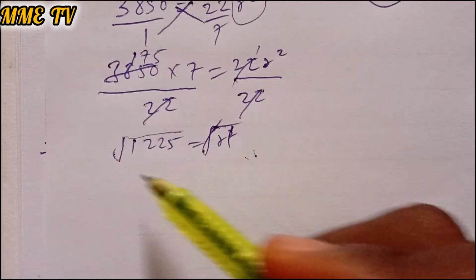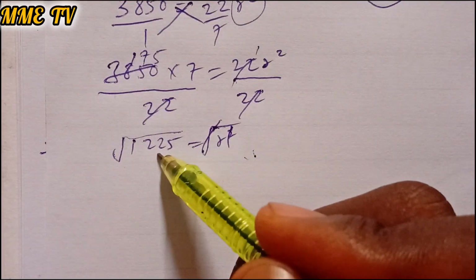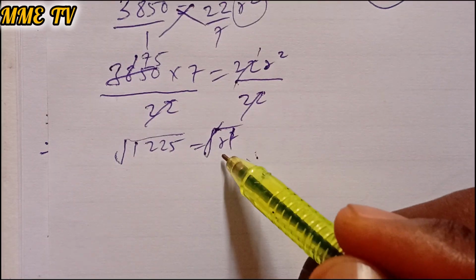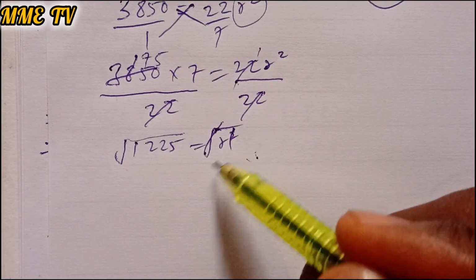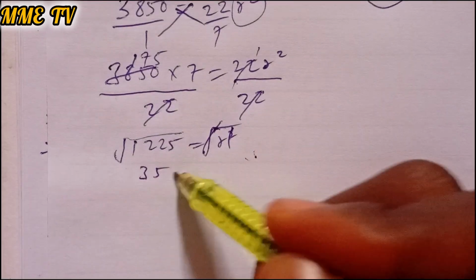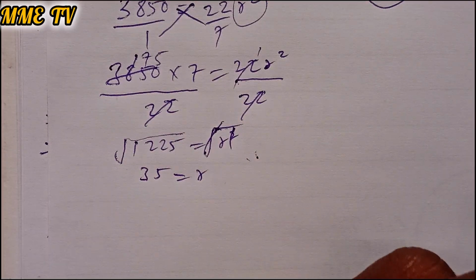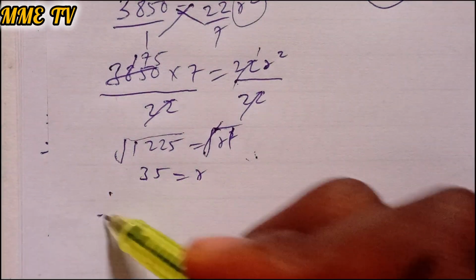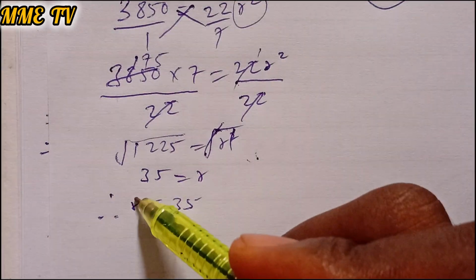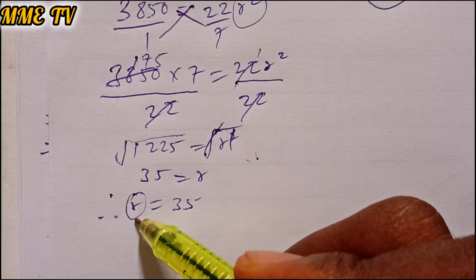Then you will find the square root of 1225, which is going to give us the value of the radius. So the square root of 1225 is going to be 35 is equal to r. You now see it. You can say now, hence r is equal to 35. Now we have successfully gotten the value of r.